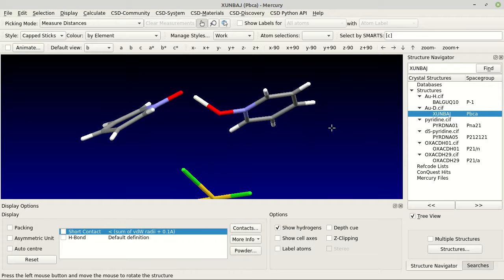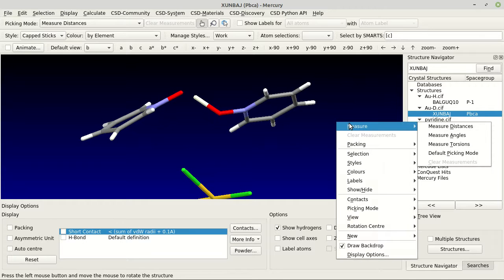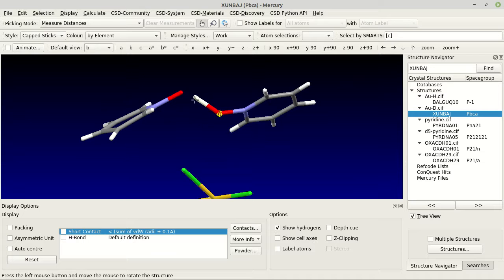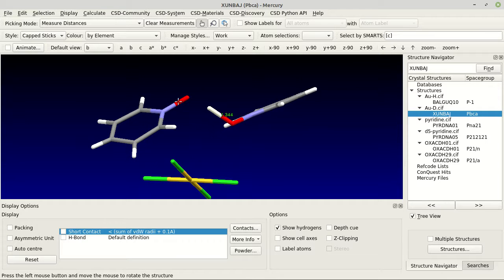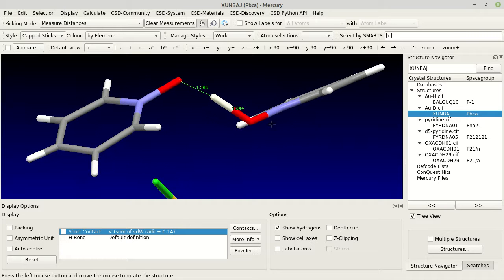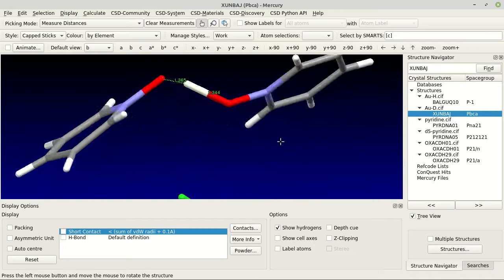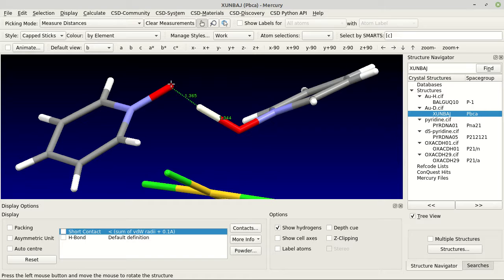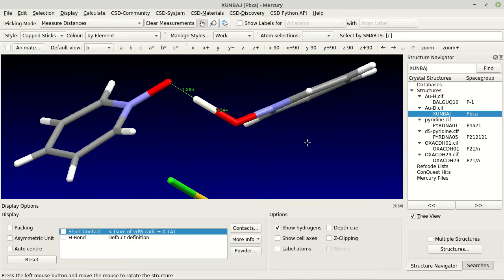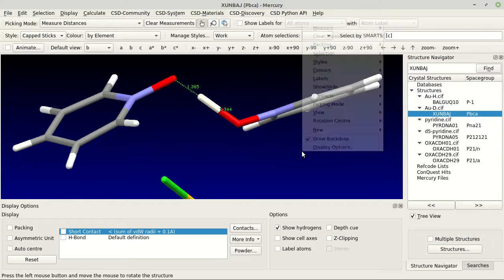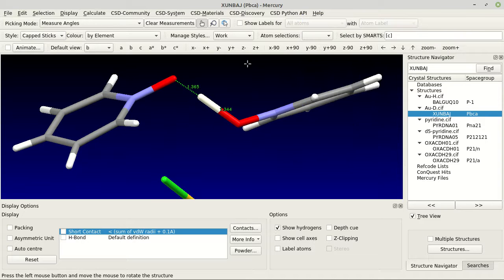And if you look at the bond lengths, the length of one contact and the second, you see there is a difference in the oxygen-hydrogen distances.